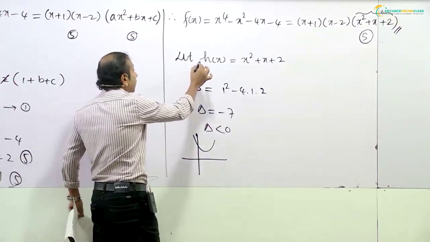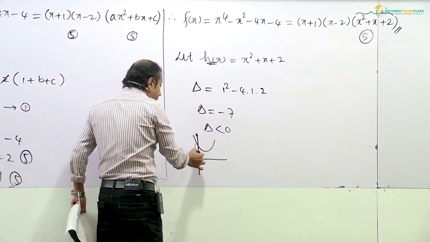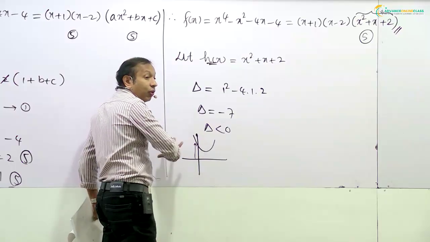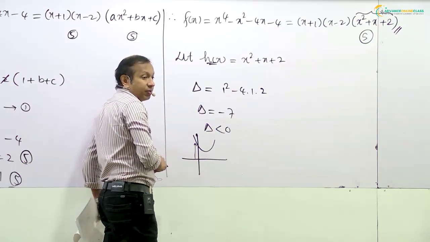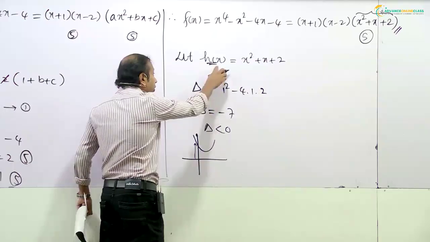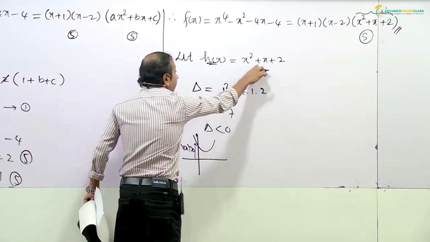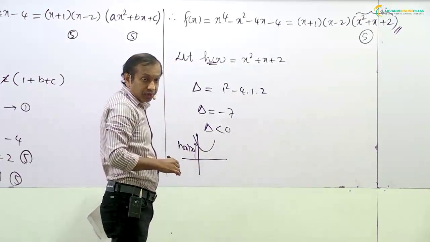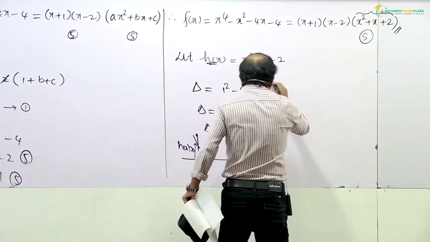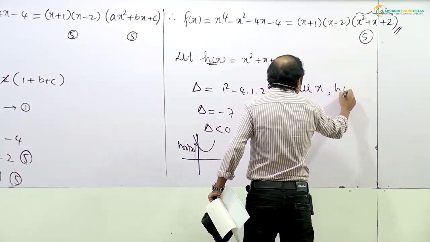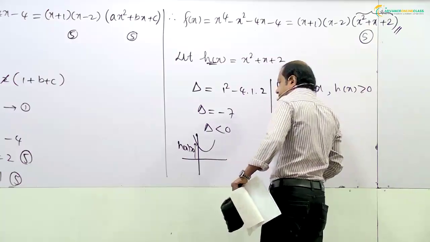This h(x) means really what? The y. You can see when the graph is like this, y always positive. That means h(x) positive. h(x) means y, h(x) positive. For all x, what is this? h(x) positive. Understand? So therefore, you can say for all x, h(x) positive.